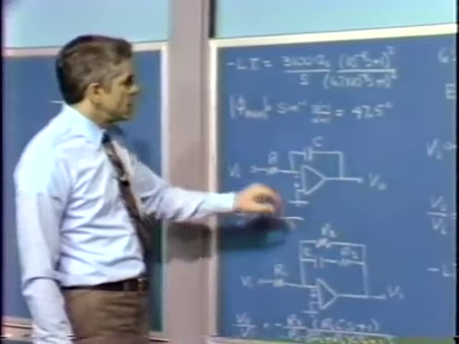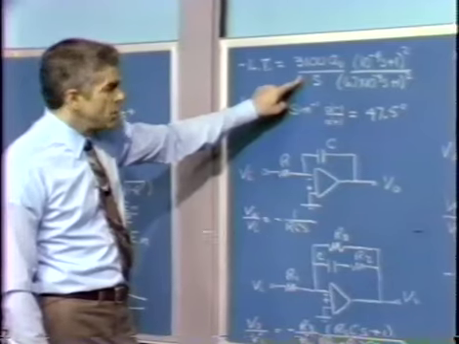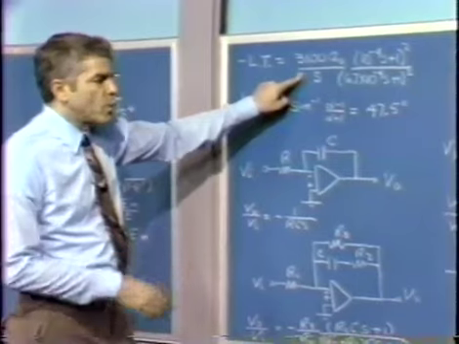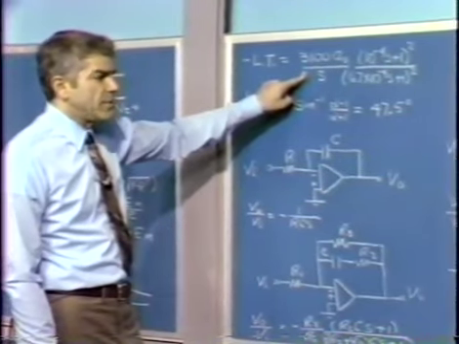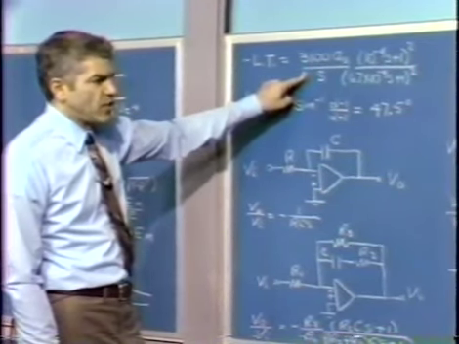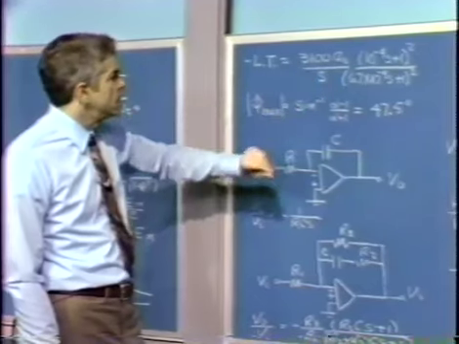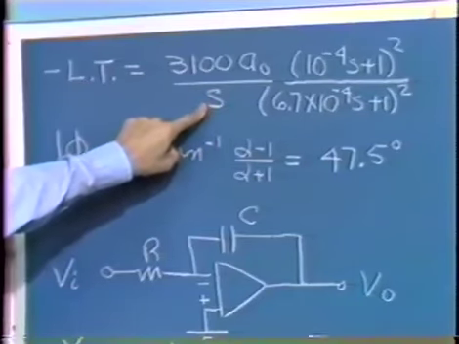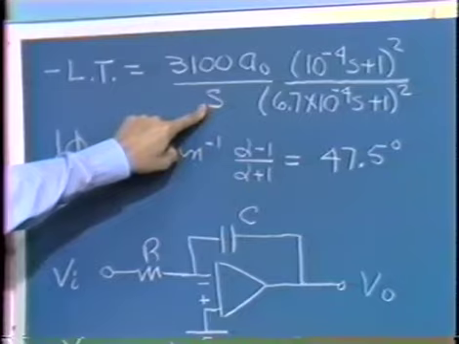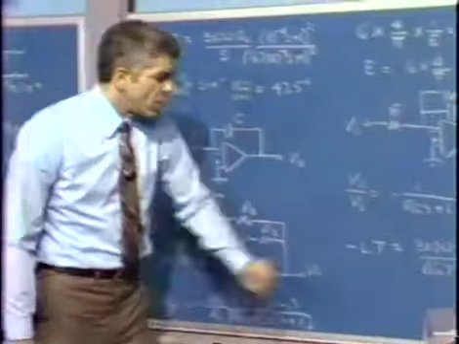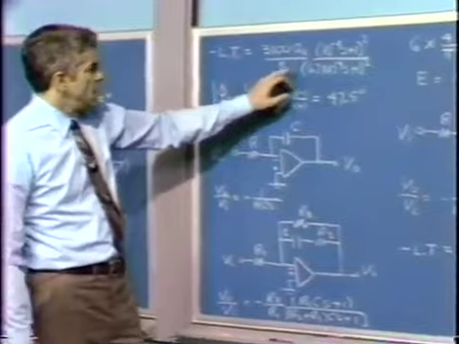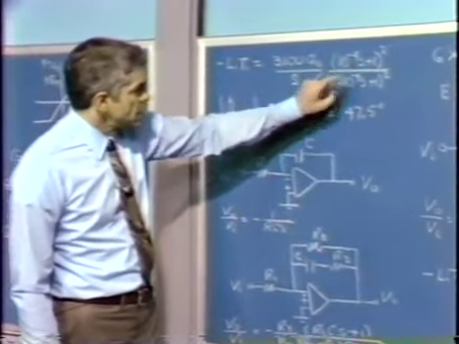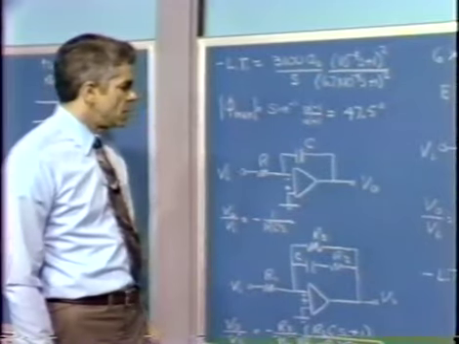We've chosen RC to be 10 to the minus 4th seconds. And so, if we go back to our original loop transmission, under large signal conditions, to the extent that we can argue, as I have, that the net effect of having a large signal is to shunt that resistor across the feedback capacitor, what we do is remove the pole from the origin and replace it with a pole at 1 over RC, S plus 1. And that pole cancels one of these zeros.